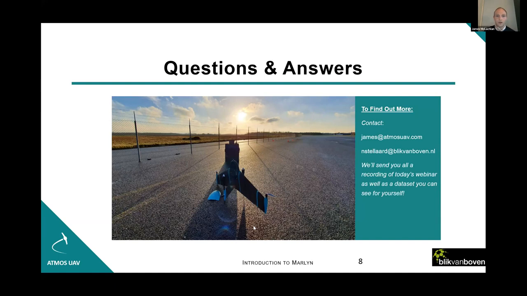Howard Krasinski asks, do you need to run your base station on a ground control point to get the high accuracy? Did you want to handle that one, Norbert? Yep, I will. Well, you can handle it in several ways. If you are working with a base station, so you have the base station with you on the pole, and you also have, of course, the rover data from the Marlin itself.